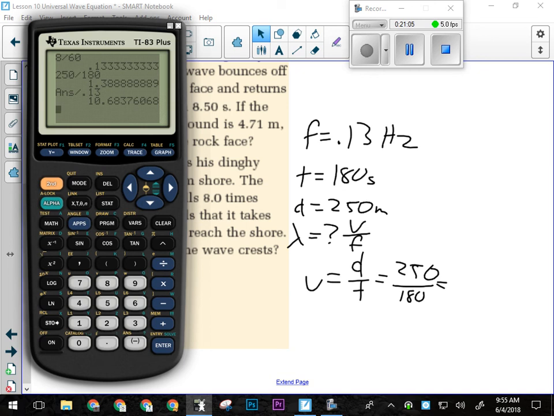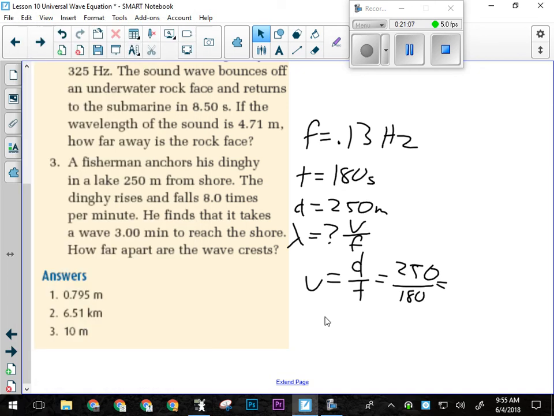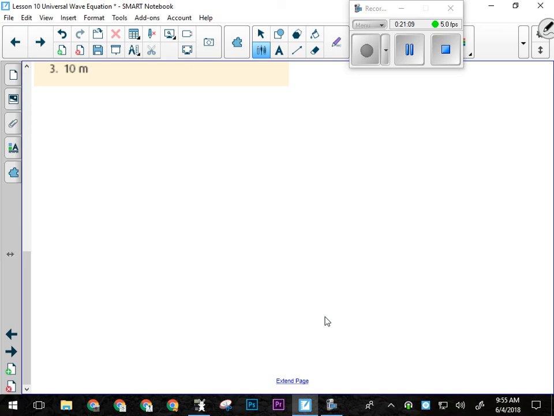Now just back to one other thing here, guys, before we pack up, and that is the relationship V equals F times lambda. We said the frequency of a wave never changes. So these are the two properties of a wave that can change: V and lambda can both change.